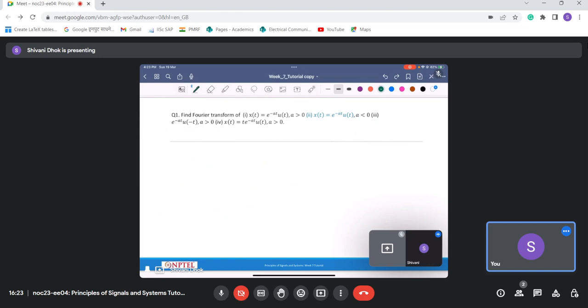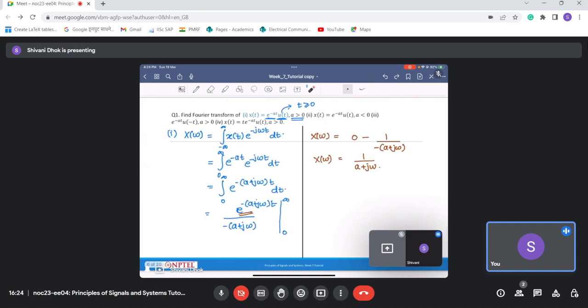Now let us look at another signal which is something similar, but now the condition is that a is less than 0. We can go ahead and solve it in a similar fashion and argue that since a is negative, this exponent will not tend to 0 and this won't converge.